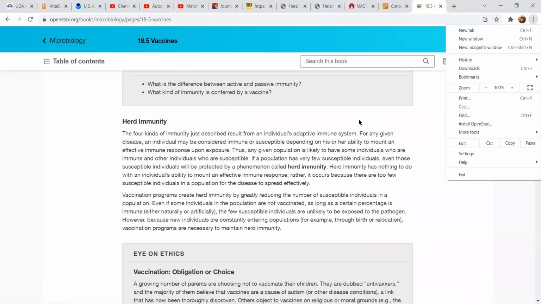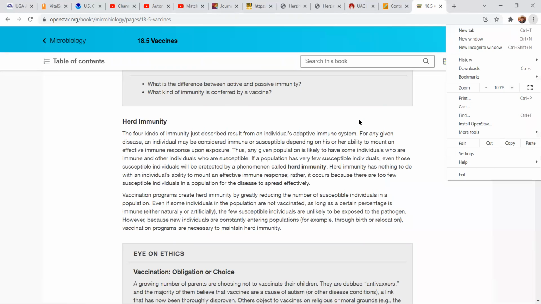So then we get to herd immunity. This has been on the news a lot lately in response to COVID. So herd immunity is when enough people have been vaccinated or have contracted a disease that they're basically able to protect the entire population against it. It basically refers to the fact that there's going to be too few susceptible individuals for the disease to spread effectively.